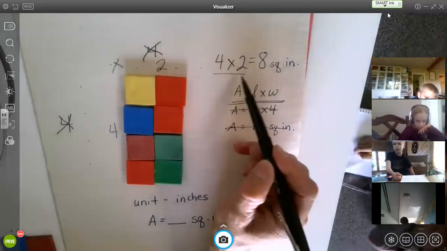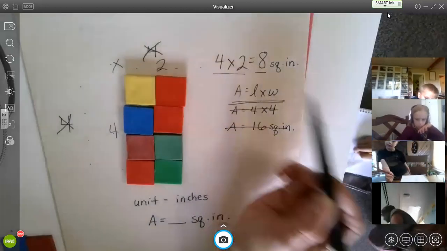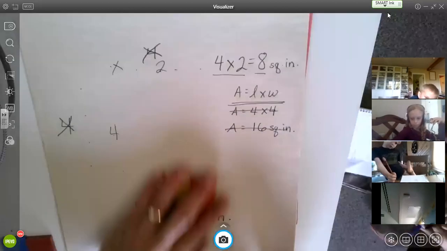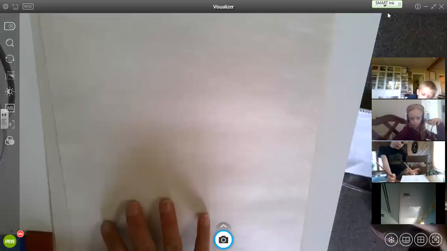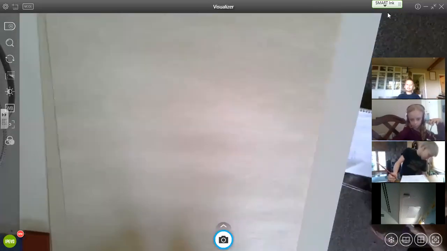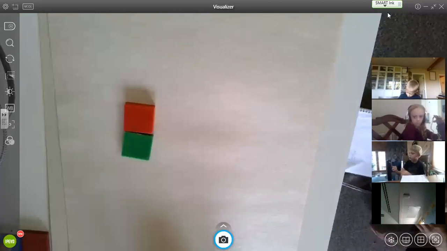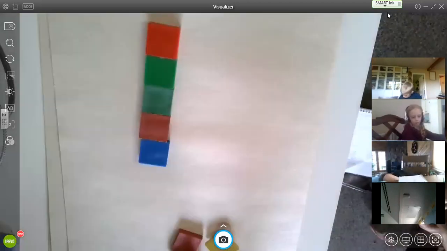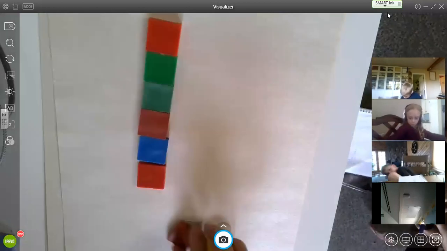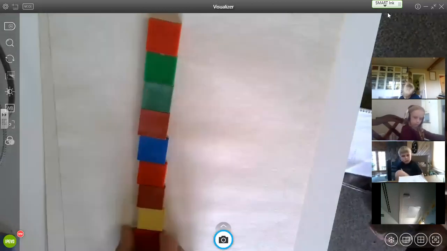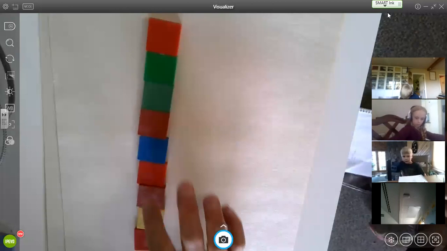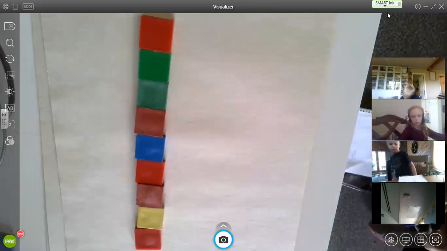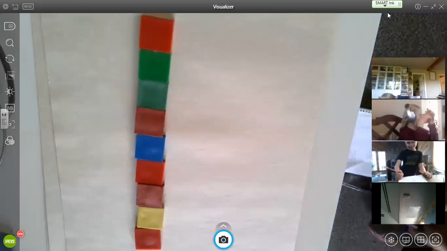And we could get our answer. Okay, let's try another one. And then you guys are going to do some tiling. There you go. Find the area of this very strange rectangle.